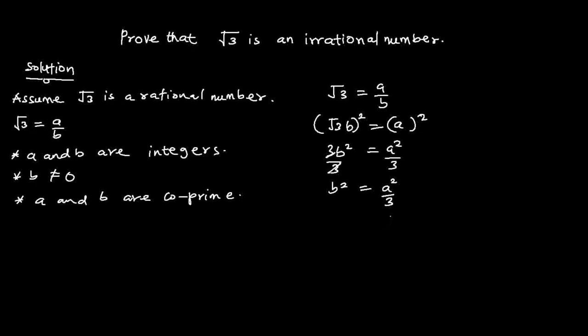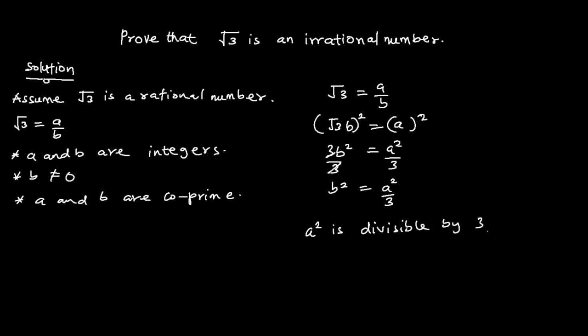So what this means is that a squared is divisible by 3, because a squared divided by 3 will give us b squared. So we see that a squared is divisible by 3.